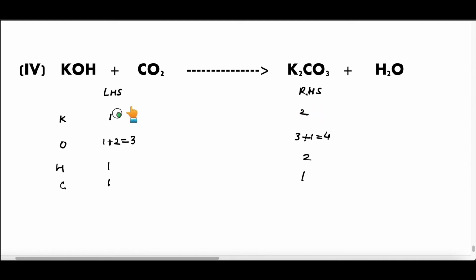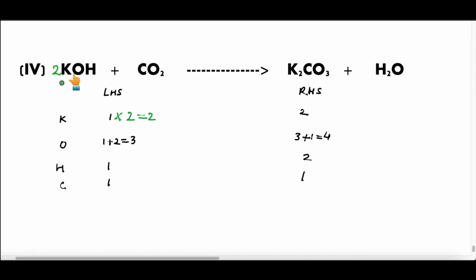We need to multiply potassium by which number? Yes, by 2 in order to balance the potassium. So we will write 2 as a coefficient on the reactant side.